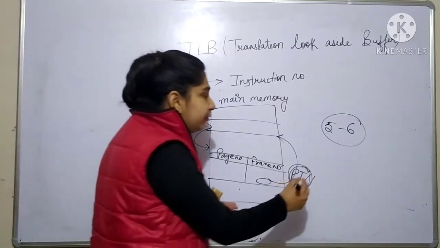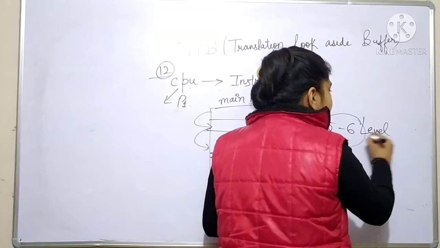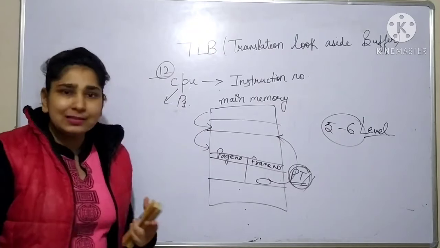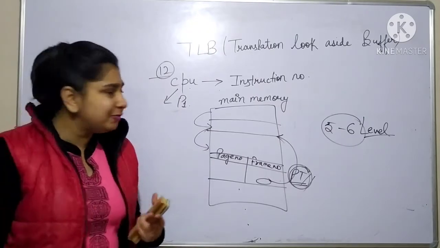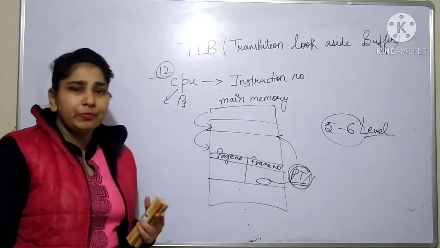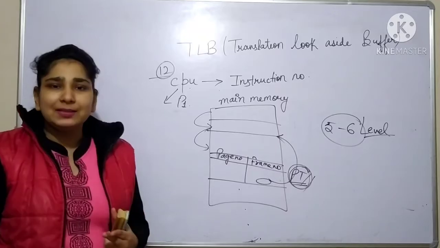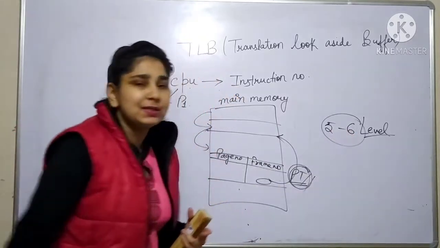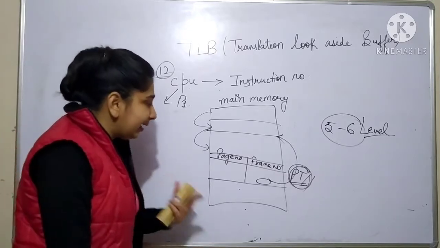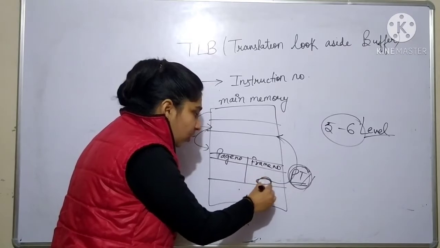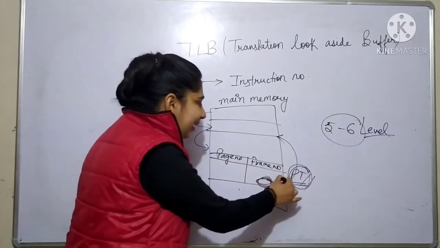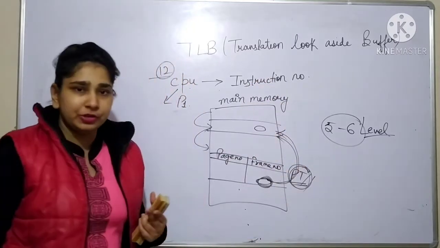If you have made 5 to 6 levels of page table, then definitely 5 to 6 times you have to access the main memory first. Then once you get the frame number corresponding to your instruction, you go to that frame and fetch your instruction.